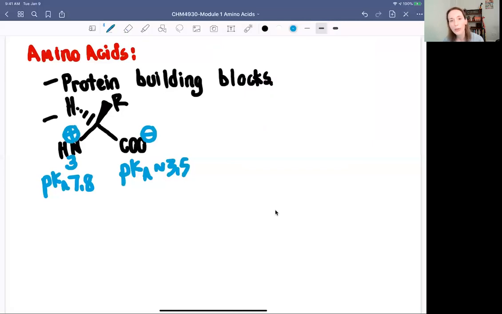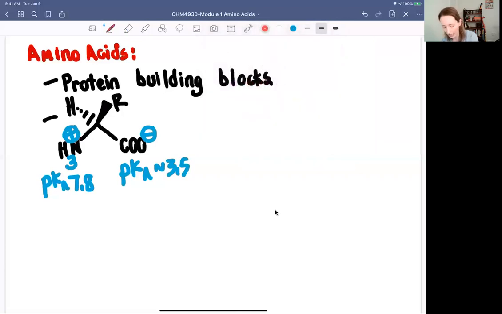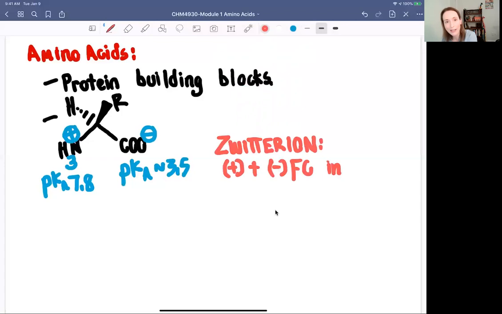The consequence is you end up with amino acids that are found as so-called zwitterions, where a zwitterion is a compound that contains both a negative formal charge and a positive formal charge in the same molecule. And so the net charge on the molecule is 0 because you have that positive and negative formal charge, which I'll abbreviate as FC, in the same compound.